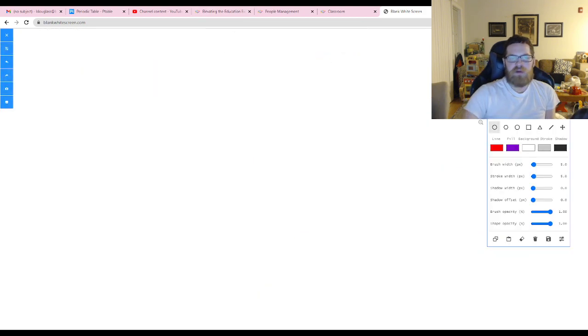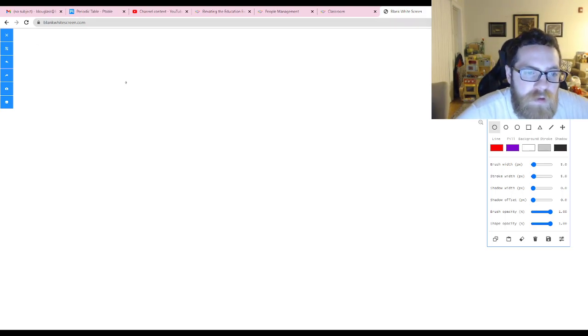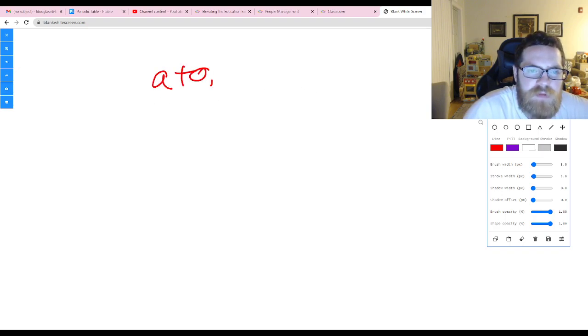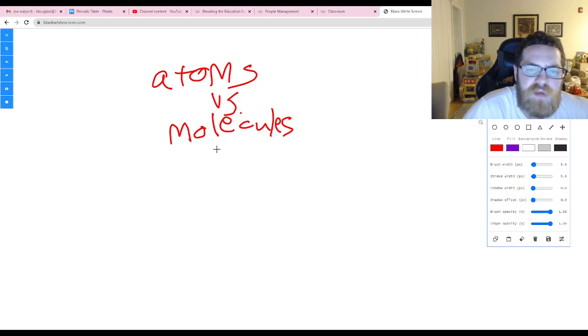Now I want to make one quick further distinction. We have atoms versus molecules. We have to ask ourselves, where does this fit in with these charts?